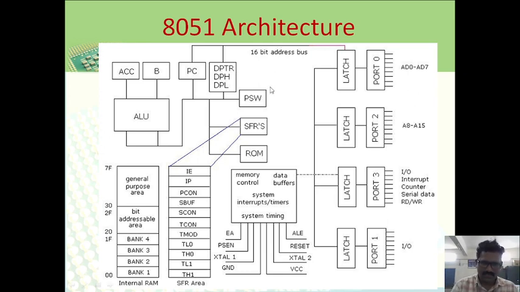These are the special function areas: interrupt, PCON, serial buffers, serial control, TMOD, TCON, timer mode control. These are the register banks, internal RAM, 128 bytes, bit addressable. These are the 4 I/O ports.